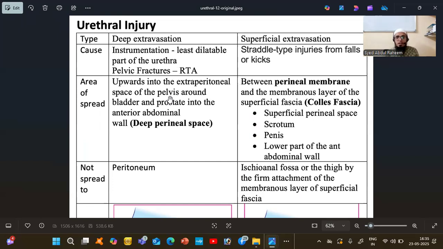It leads to damage of the urethral pipe. It can also cause pelvic fracture, pelvic injury, and falls from the bike. All those are the reasons.